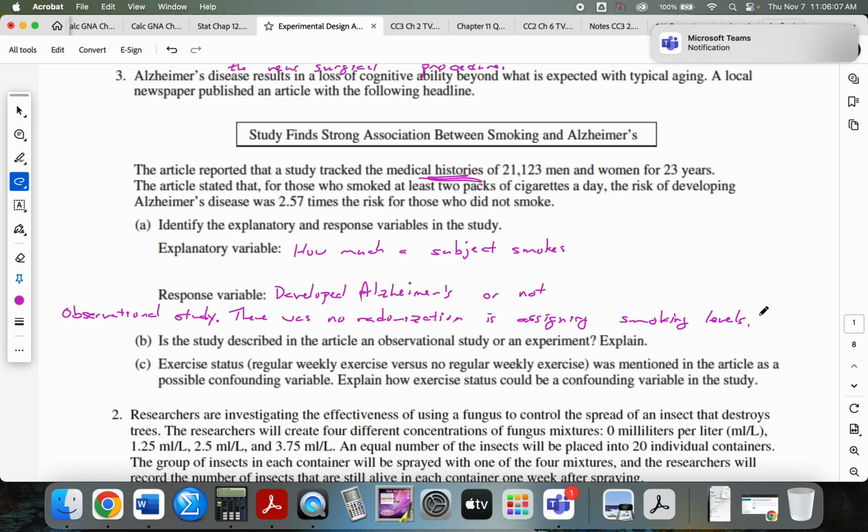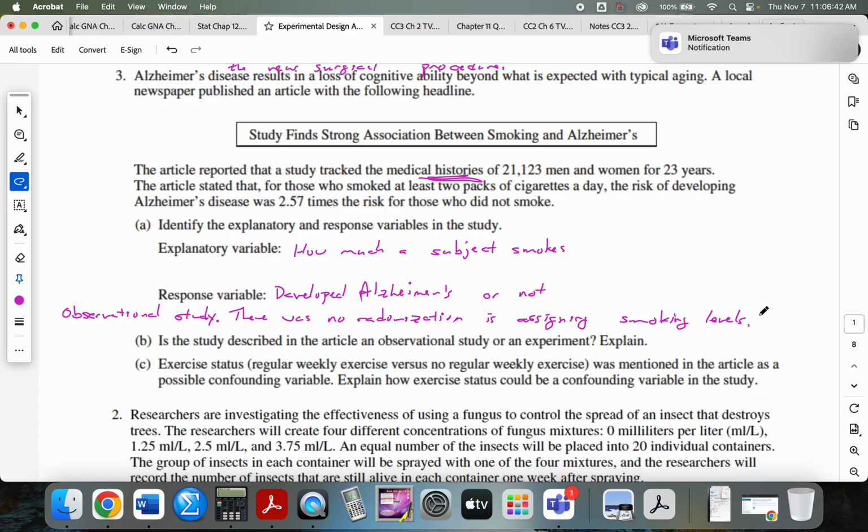So remember, in the end, their conclusion is that people who smoked 2 packs of cigarettes a day were way more likely to develop Alzheimer's disease than people who didn't smoke at all. Yes. Possibly it may be that people who smoke 2 packs a day, being less health conscious, were less likely to exercise.